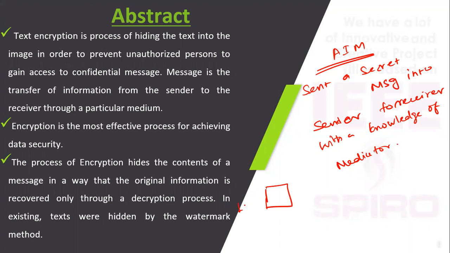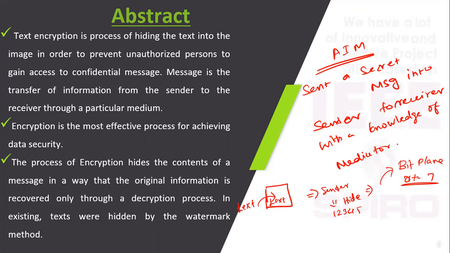This is our text. Here we hide the text into the image on the sender side, and hide a key like 1 2 3 4 5, and use the bit plane number from 0 to 7.